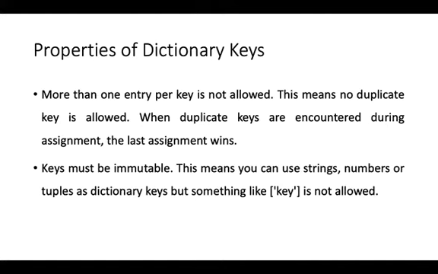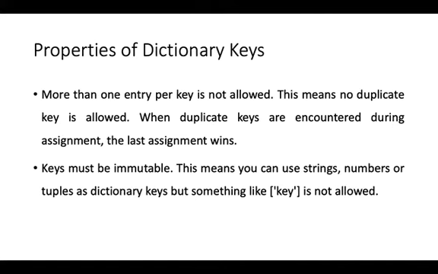So if there are two duplicate keys in the same dictionary and you perform some operation with that key, the later one will be considered as the value of that particular key. The last one in the dictionary will be accessed, and all of the previous ones will be ignored.